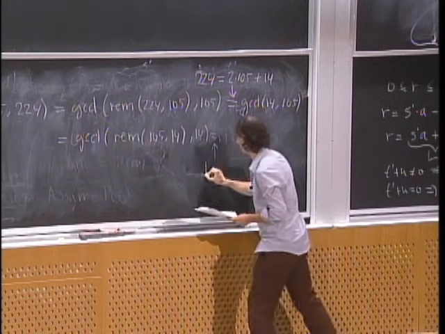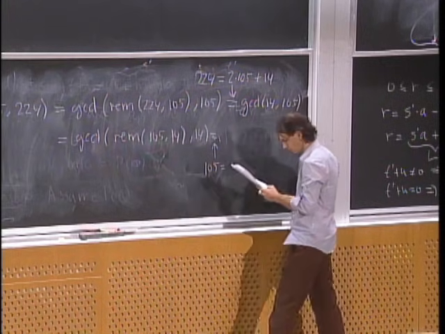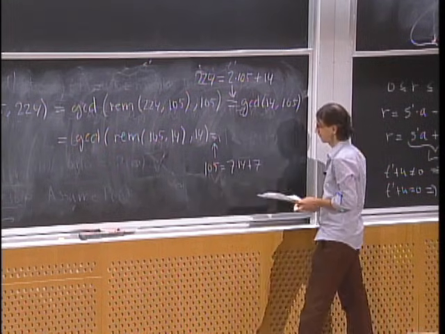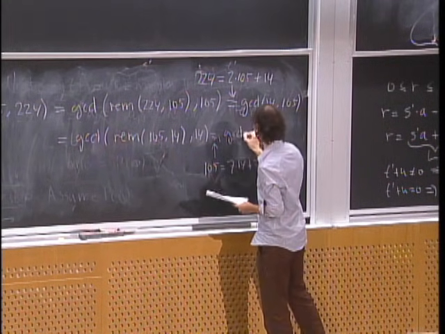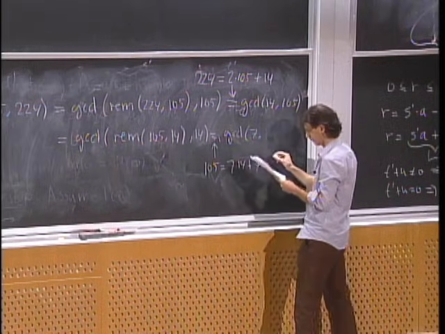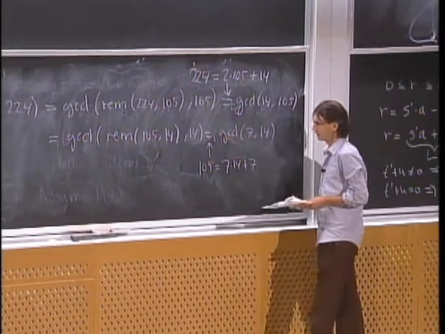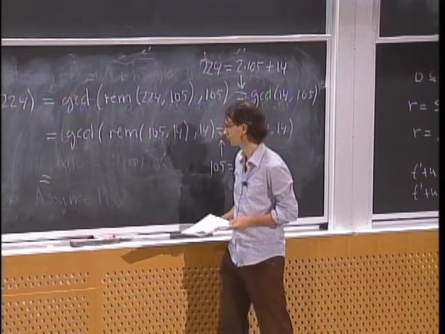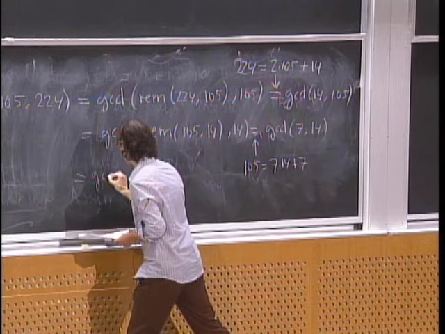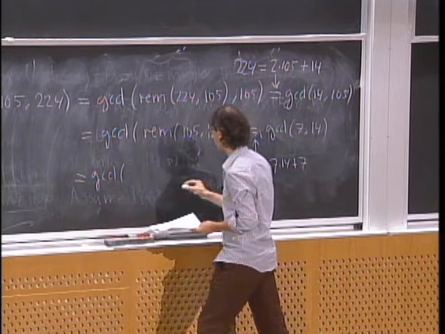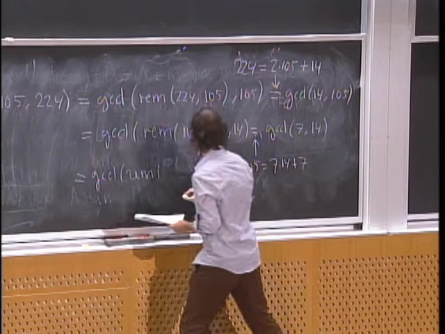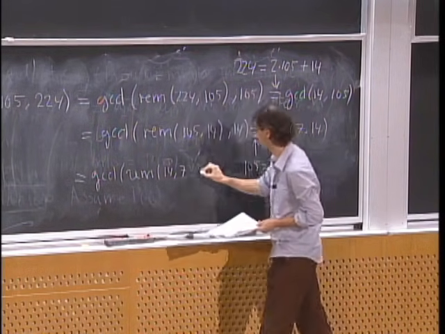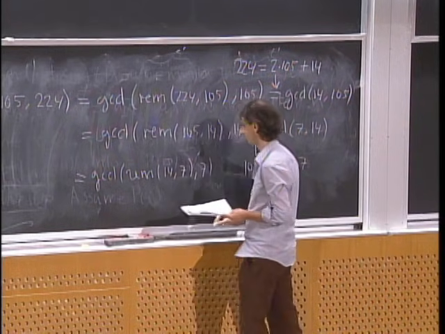We are going to use that 105 is equal to 7 times 14 plus 7. So this is the greatest common divisor of 7 and 14. Now if you just continue this process, we can see that this is equal to the greatest common divisor, again, of the remainder of 14 after dividing out as many multiples of 7, with 7.